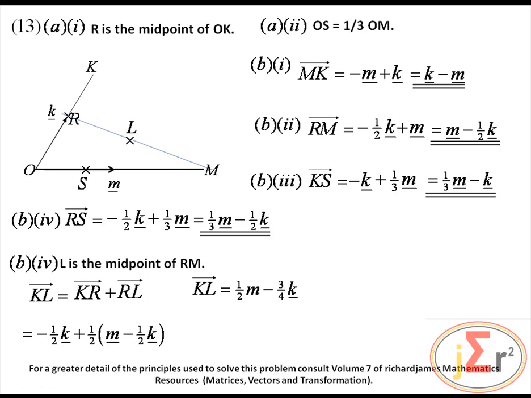When we add numbers that have the same sign, we combine the values and the answer will have the same sign as the numbers that we have added. So we have added a negative a half with a negative a quarter, and the answer is negative 3/4. And of course, a half of M is the only term in M that we have. It goes back right there.